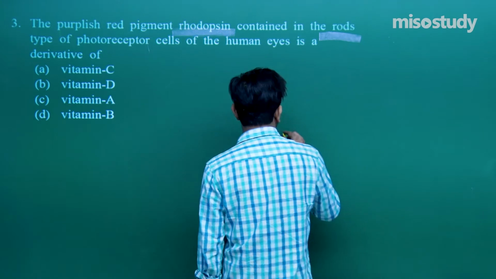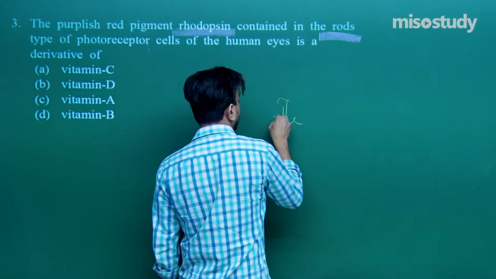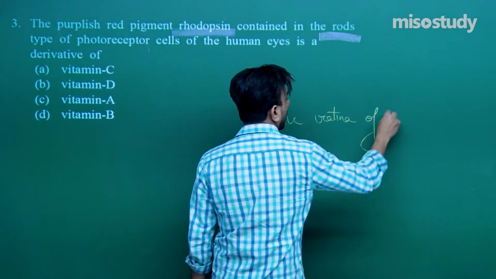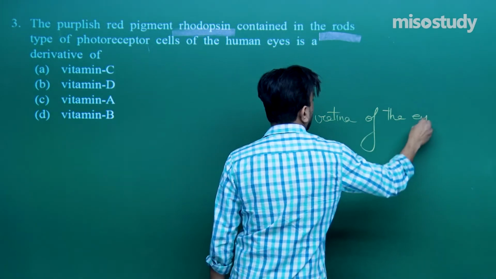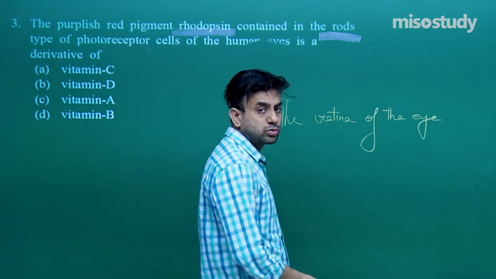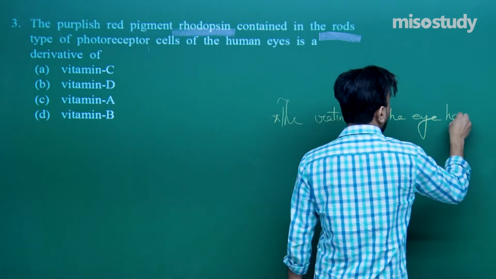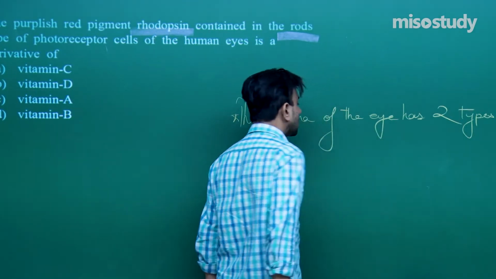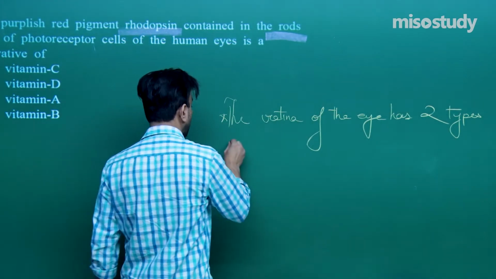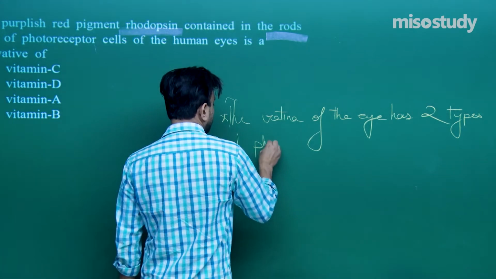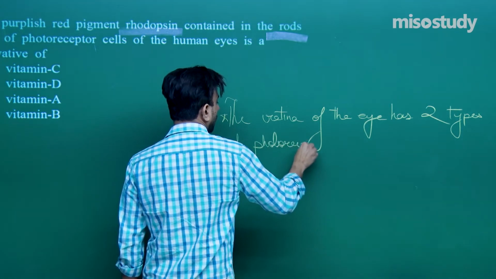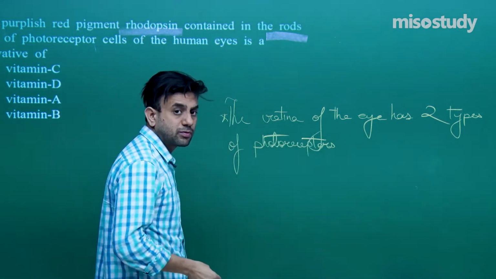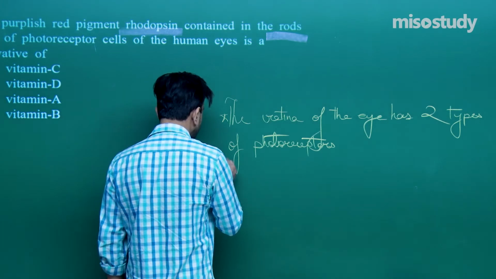So the retina of the eye has two types of photoreceptors. And what are these two types of photoreceptors present in the retina of the eye?